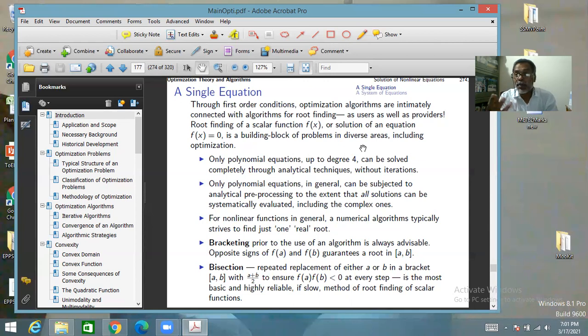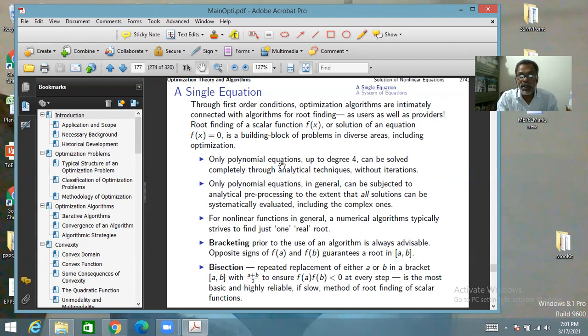And when you have the problem of solving a single equation or finding roots of a scalar function, for a function it is a root or zero, and for the corresponding equation, that function equal to 0, you find a solution. So root of a function, solution of an equation.